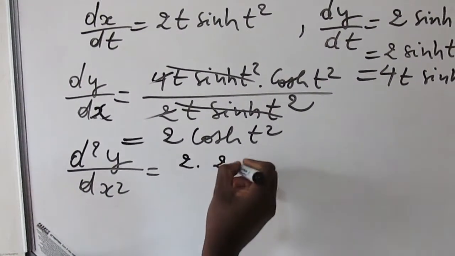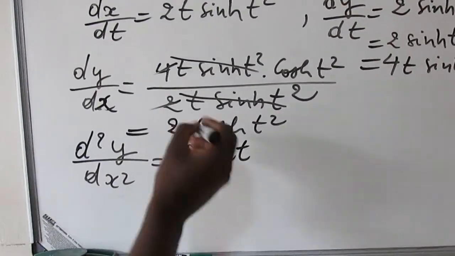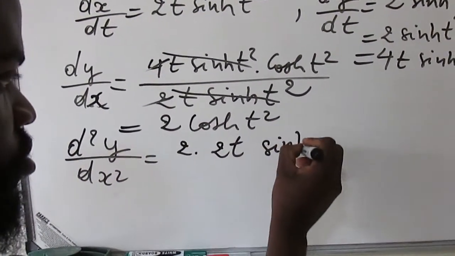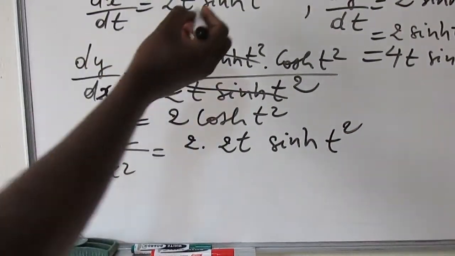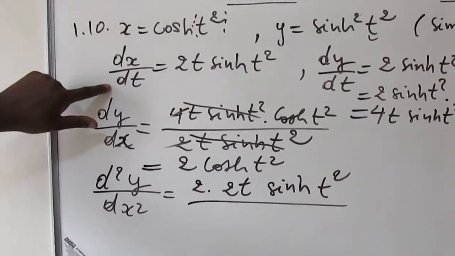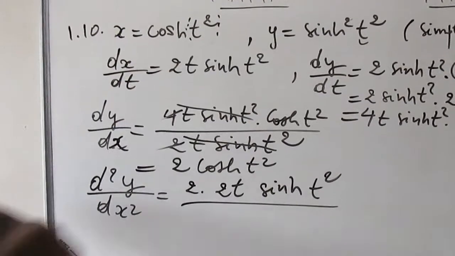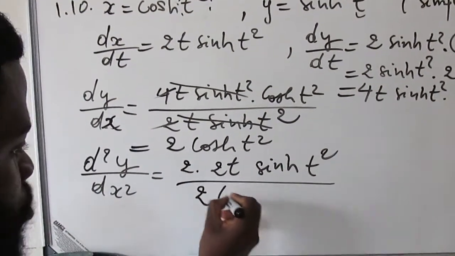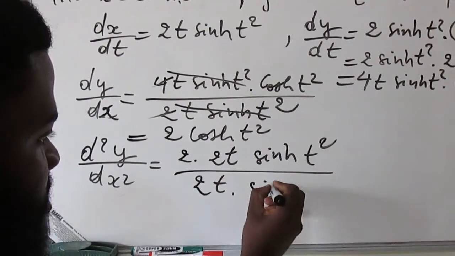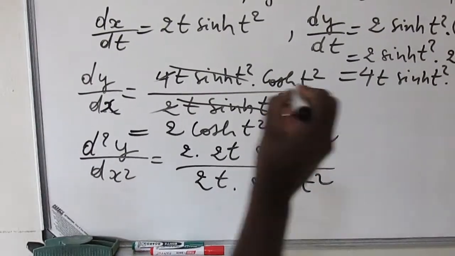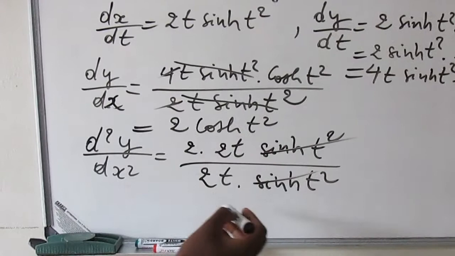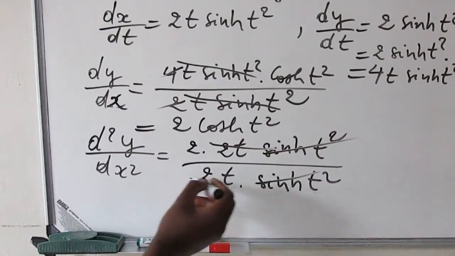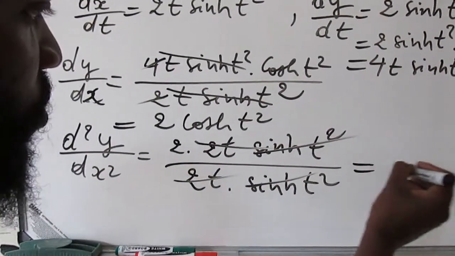We derive the angle there, 2t, then we change cos to negative sinh of t squared over dx over dt, which is 2t sinh of t squared. 2t multiplied by sinh of t squared. Then we can cancel this with that one, and also we can cancel 2t with 2t, and the final answer is going to be 2.